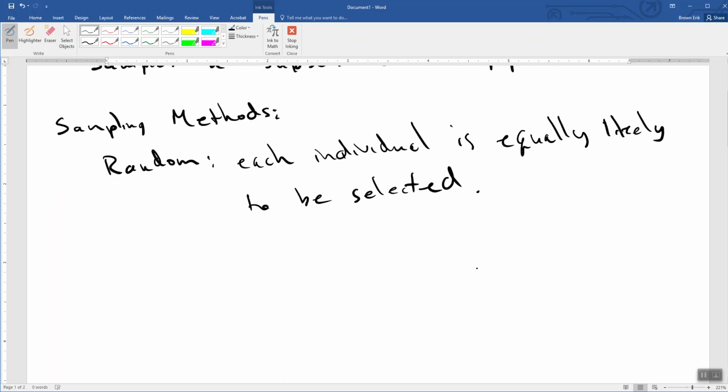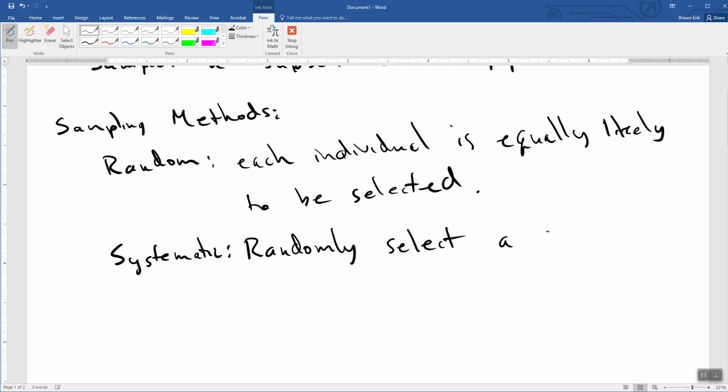The next one that's similar to this is systematic. Our textbook kind of leaves out some of the details on this, and I glossed over it myself. You number the population, you randomly select a starting point, and then you select every kth individual.